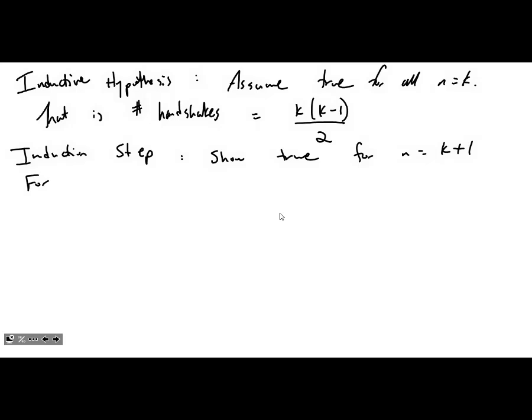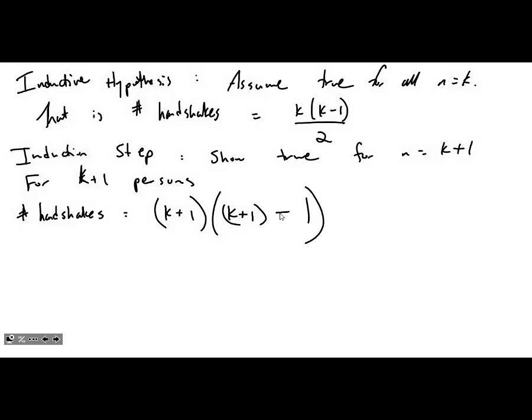So, for k plus 1 persons, the number of handshakes would equal k plus 1 times k plus 1 minus 1 over 2.